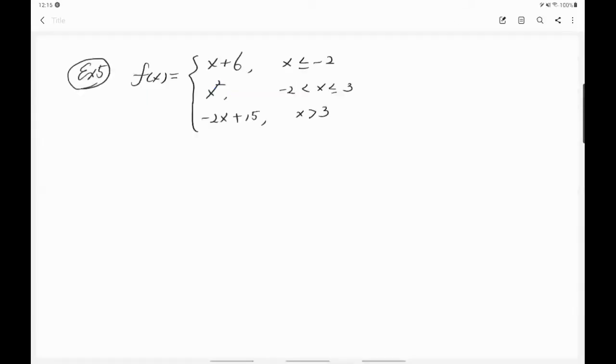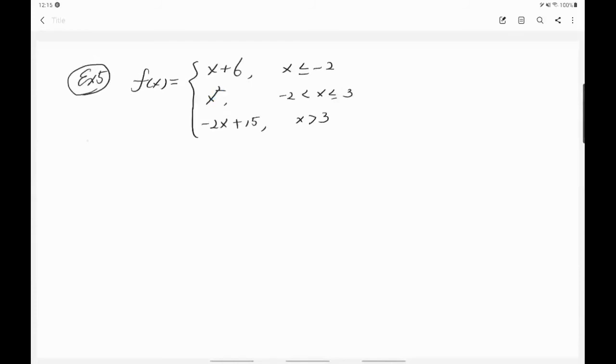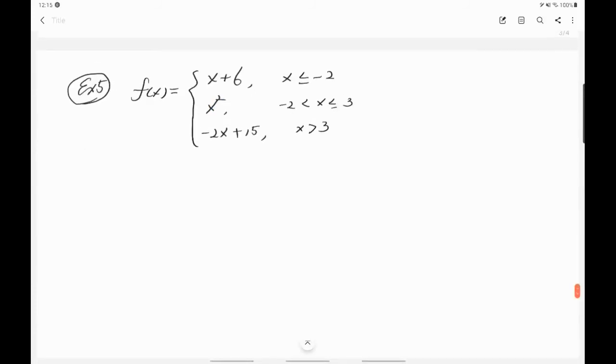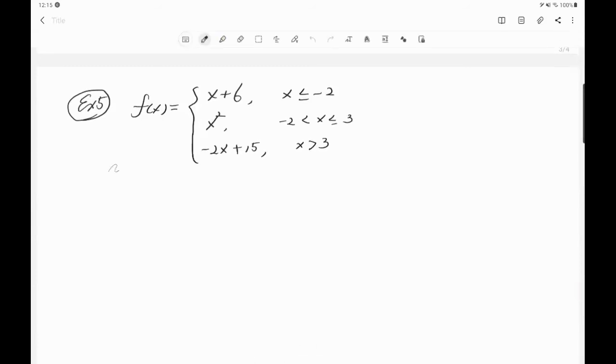Okay, now let's get from this one, let's find the value of f of 4. Okay, first we want to find f of 4. That means the input value x is 4. So replace x with 4. But as you see this, there are 3 different expressions.